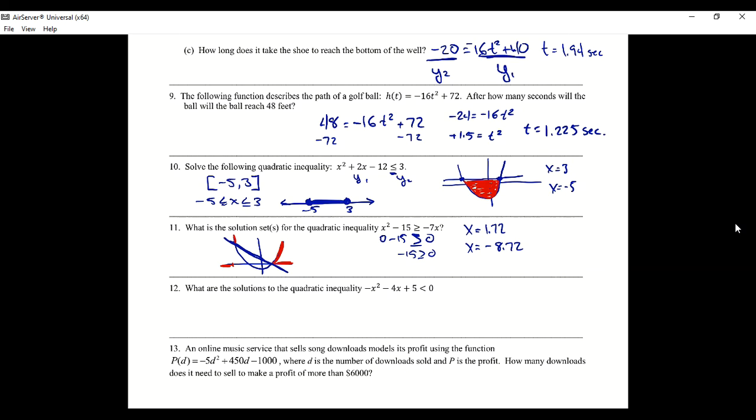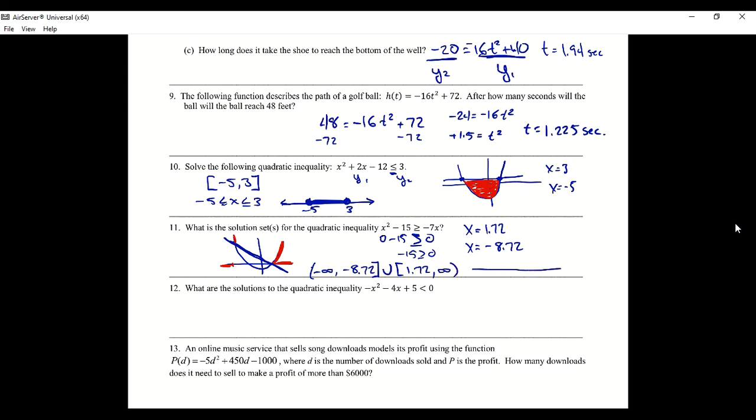So for inequality, and since it's equal to, again, we're going to use brackets. So -infinity with a parenthesis to -8.72 bracket, union, bracket 1.72 to infinity.